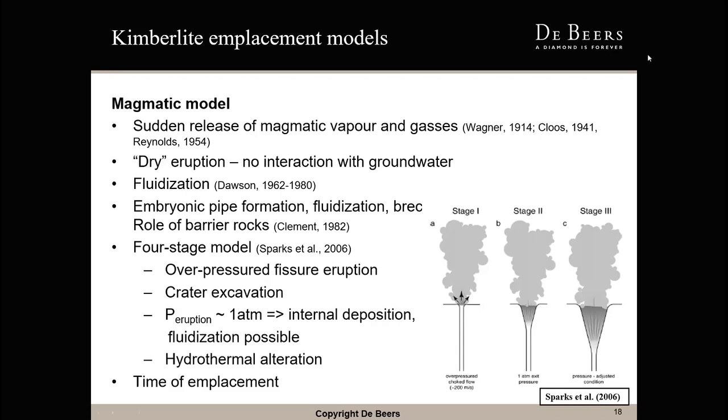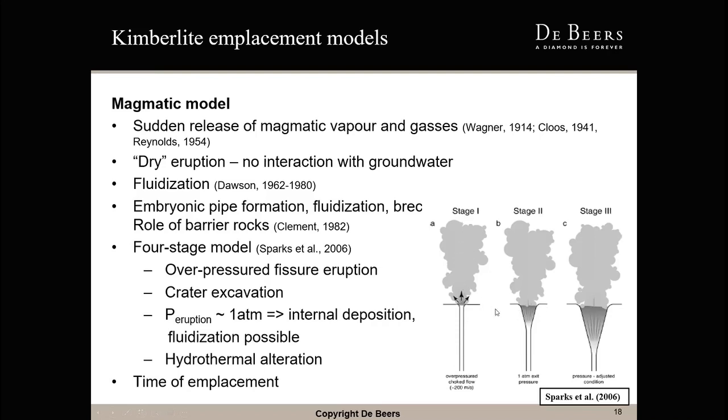On the right-hand side, starting with stage 1, you have a narrow conduit, typically a fissure or a small pipe. When the eruption commences, of course, there's an overpressure situation. Material is ejected from the system, and the eruption continues.